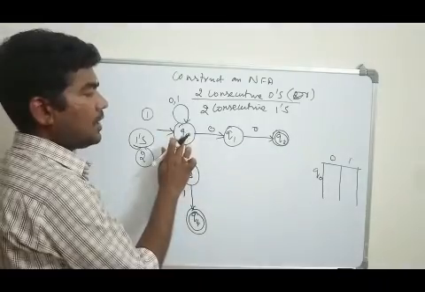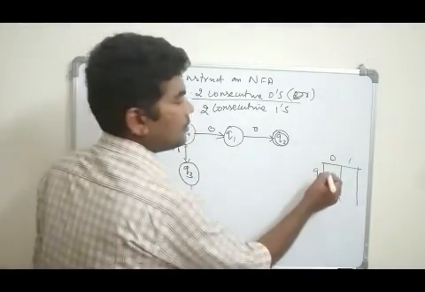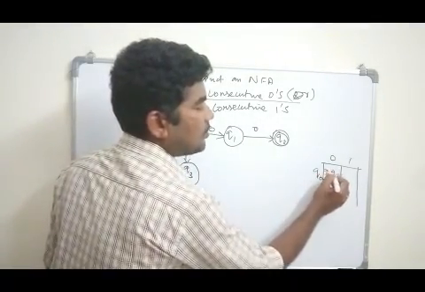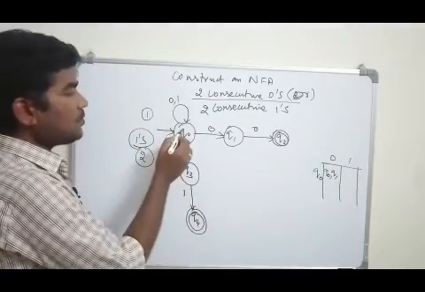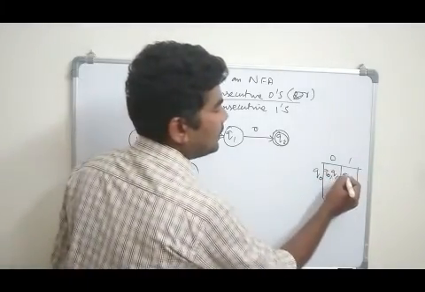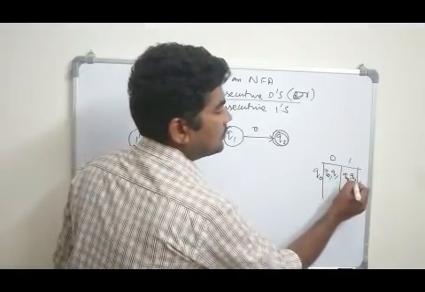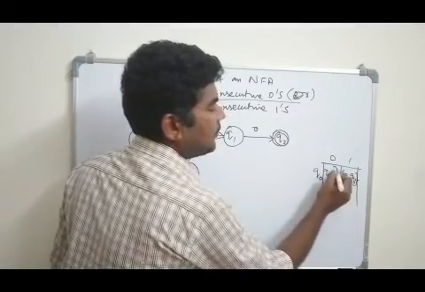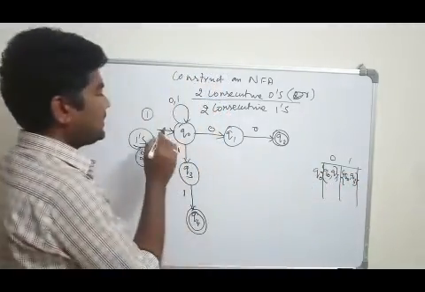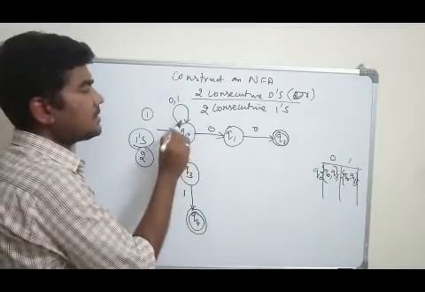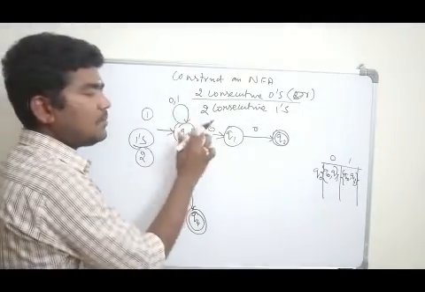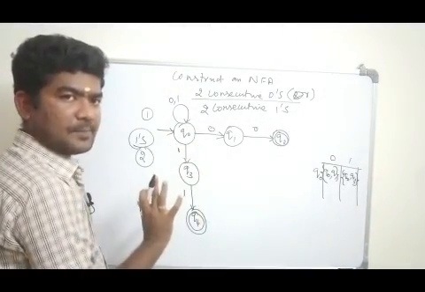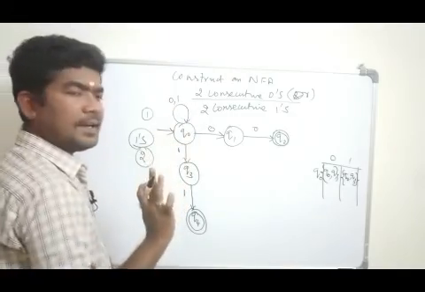From Q0, if the input is 0, it goes to Q0 as well as Q1. If it is 1, it goes to Q0 as well as Q3. So from a single state, with the same input, it goes to different states. Now we have constructed an NFA.